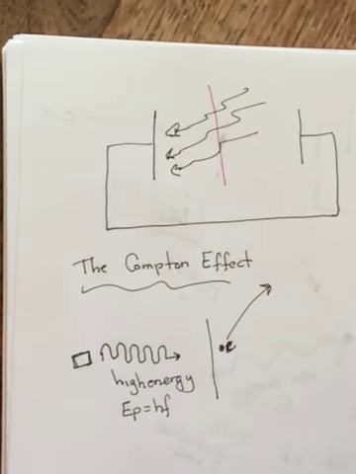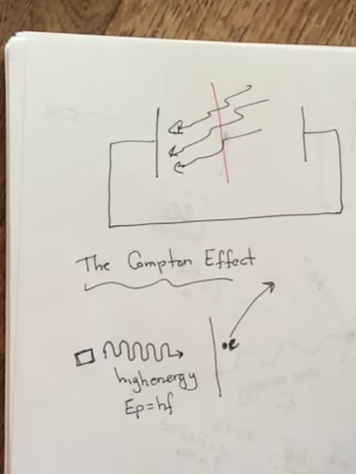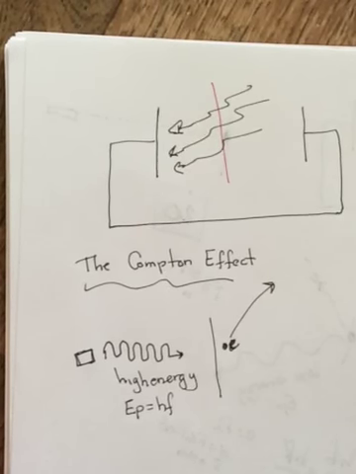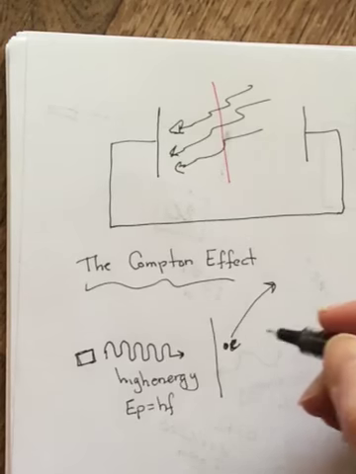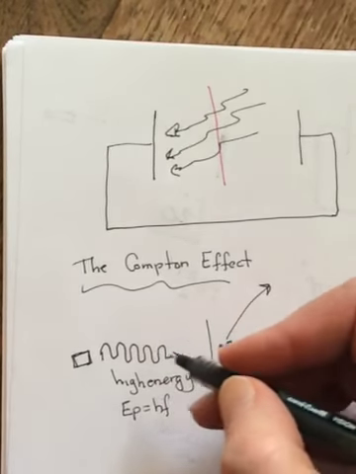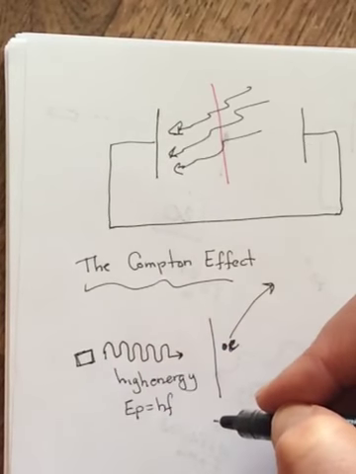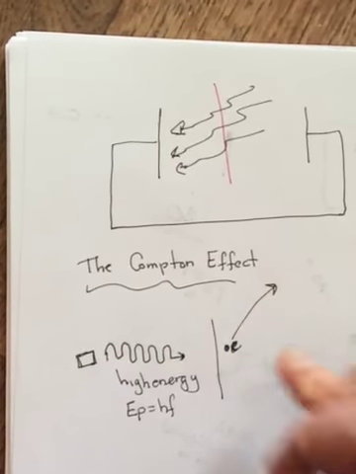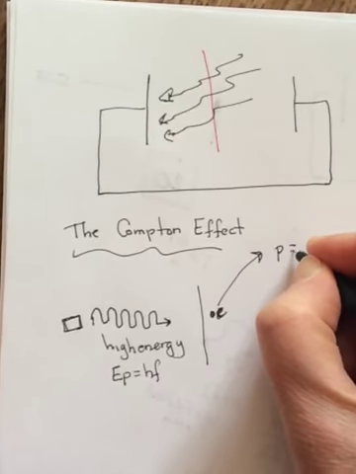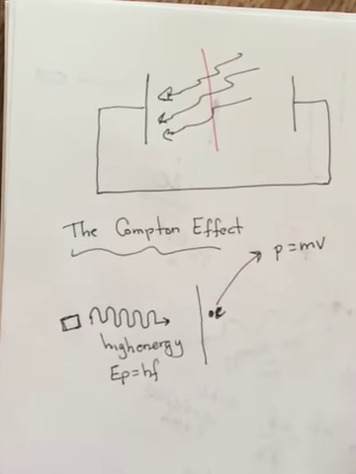Well, that's pretty normal if we think back to grade 11 and grade 12 physics. One object hits another, there's a transfer of momentum, and our law of conservation of momentum says momentum is always conserved. The electron also picks up some kinetic energy, so we know it must get both of those from the photon. The thing is, the momentum is p equals mv.